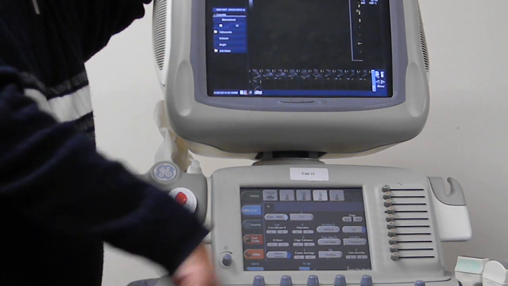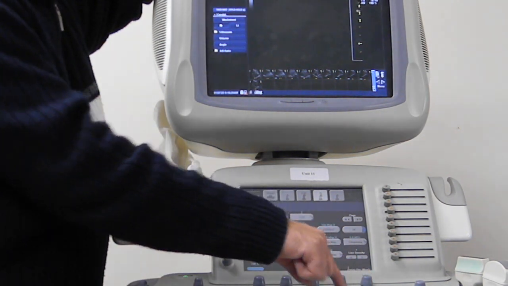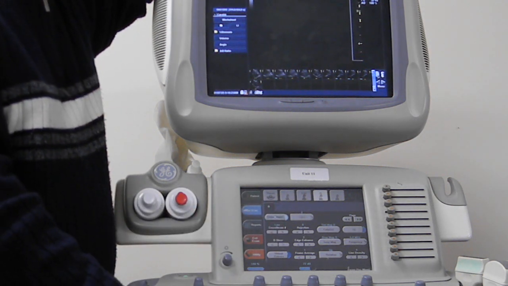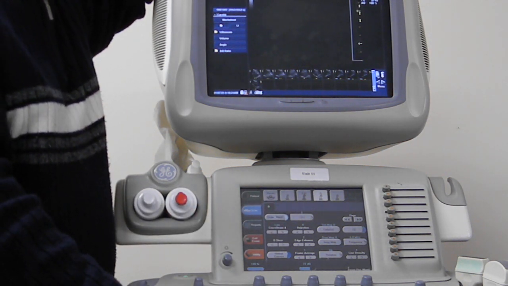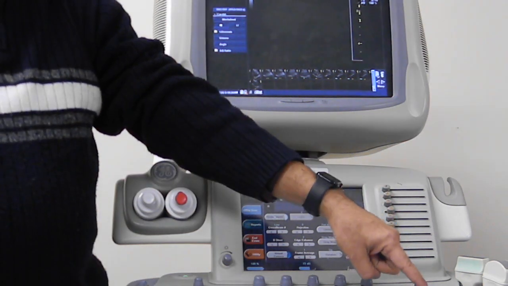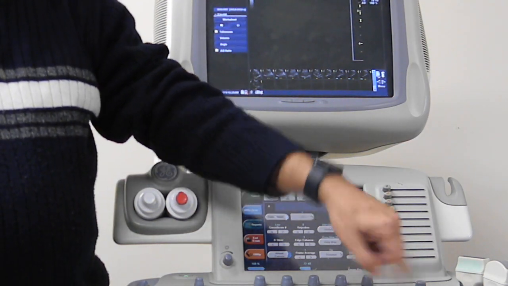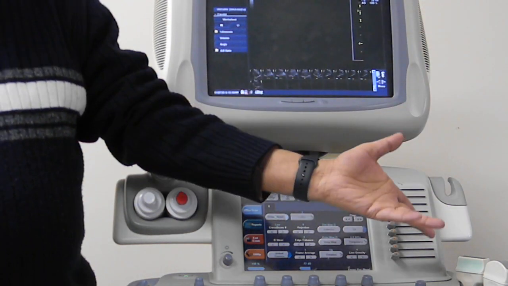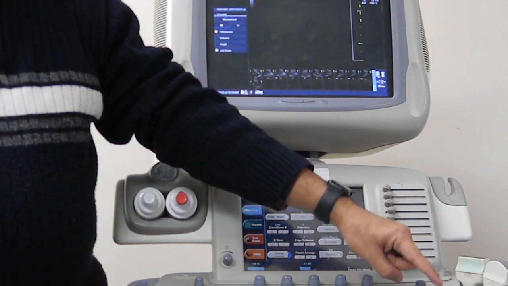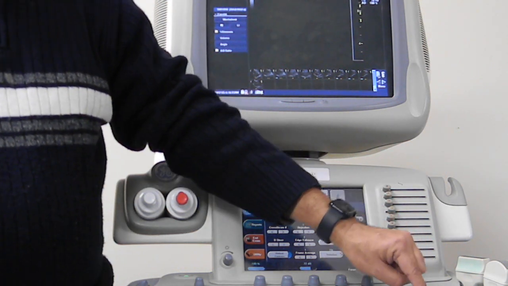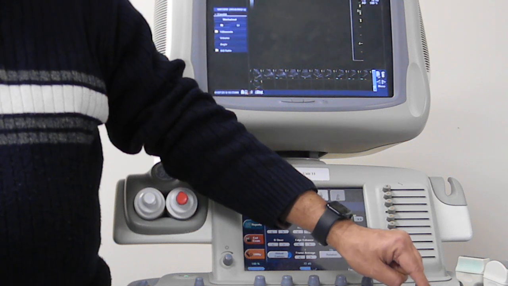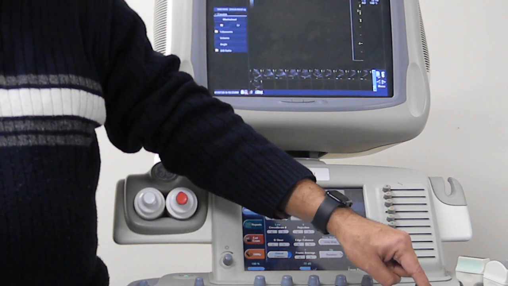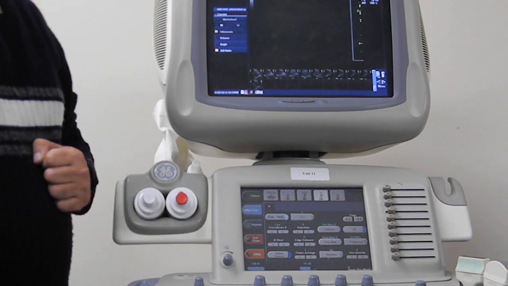Why are they off? Because if you look closer, the light is yellow. Clear? So this was the only function that turns on as the system turns on. I really can't turn it off, no matter how much I press. Clear?